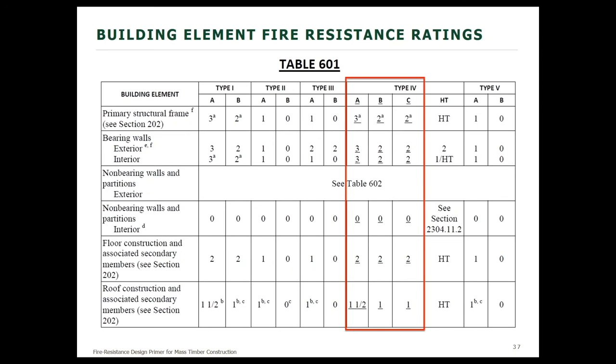I'll say what I always say. There are a considerable number of code officials who will routinely allow the use of heavy timber of the correct minimum sizes as a 1-hour substitution, but the code doesn't allow that.